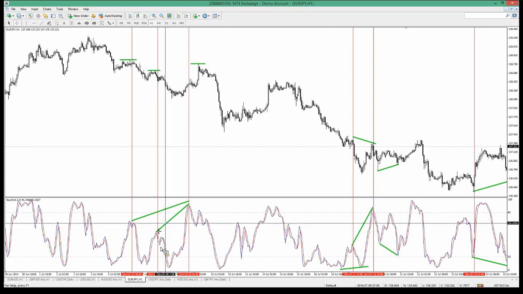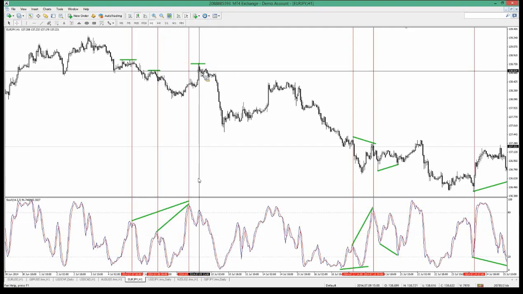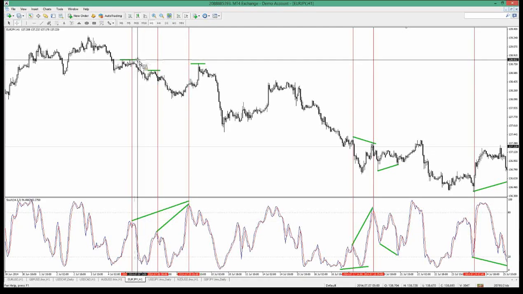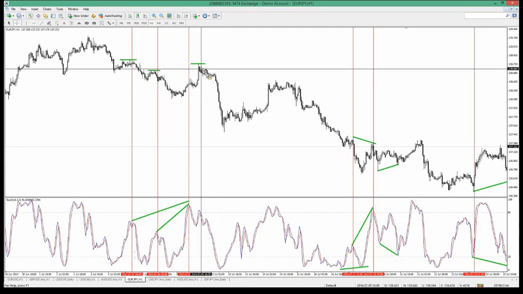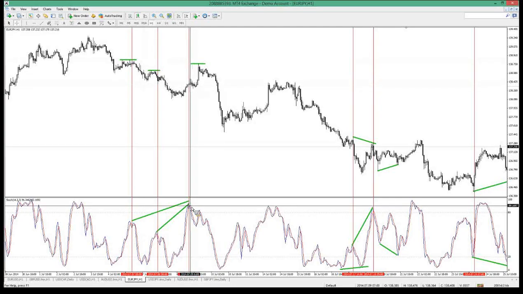So you see from here, obviously price makes a higher high to this one here, where price stays below this. You can wait for confirmation, for example a candle close or something, that gets your stochastics crossing over.